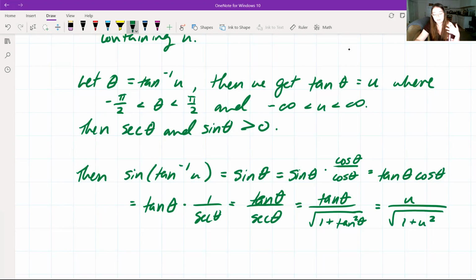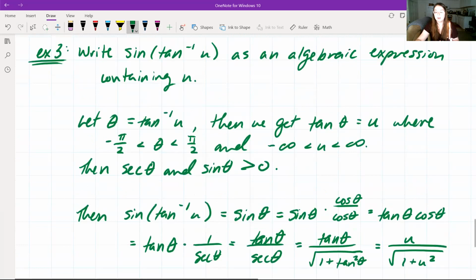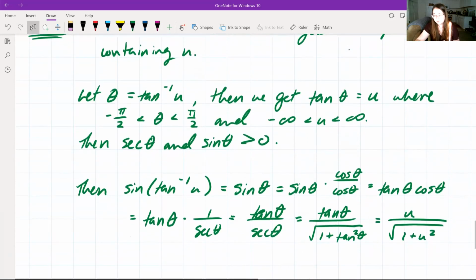So what we did was take this original function and keep manipulating and rewriting it until we finally got to a final term where we only had tangents of theta, which we were allowed to let equal u, which is what we wanted. Our algebraic expression could only contain u, which is how we got this final answer.